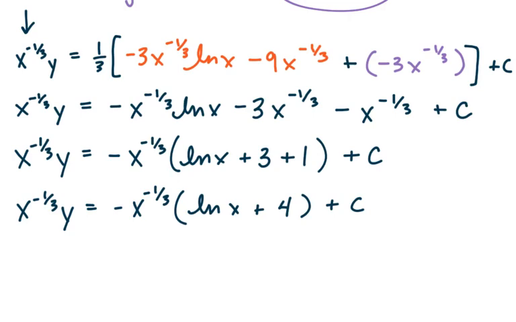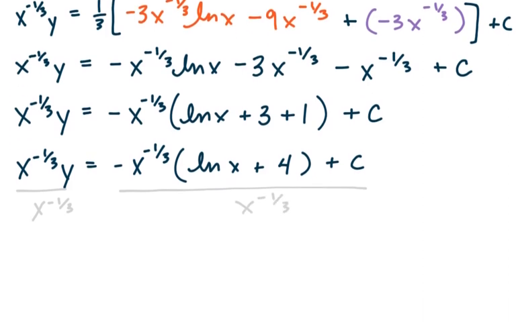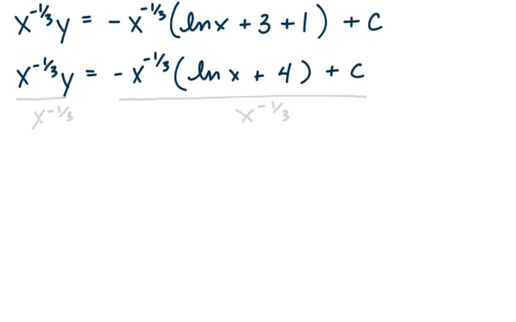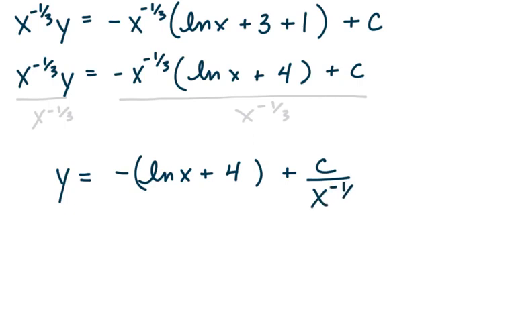So now I'm going to divide both sides of my equation by x to the negative 1/3. And what this does, this simplifies. Now I have y equals negative the natural log of x plus 4 plus c over x to the negative 1/3. So this is my general solution here.